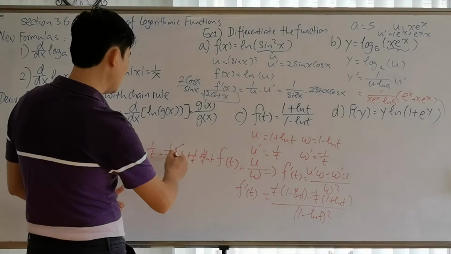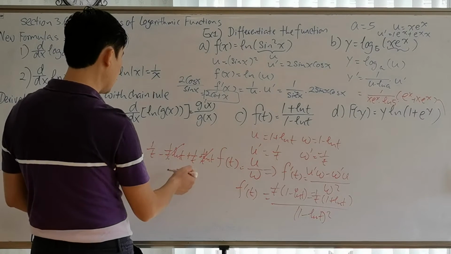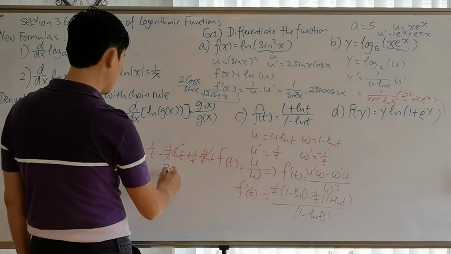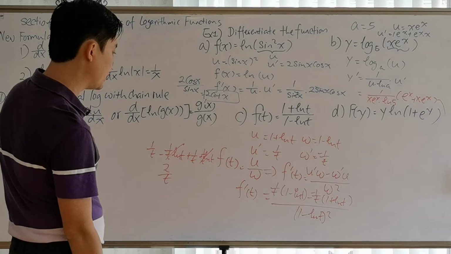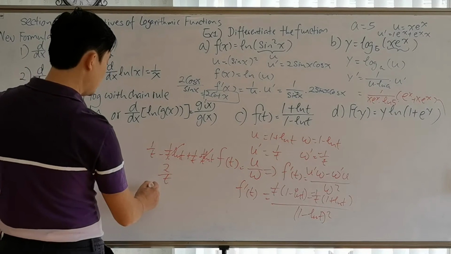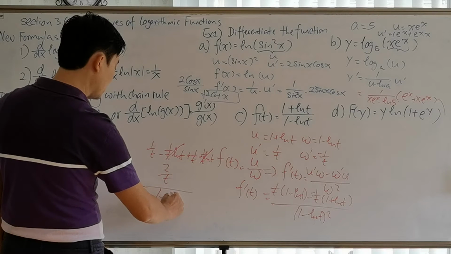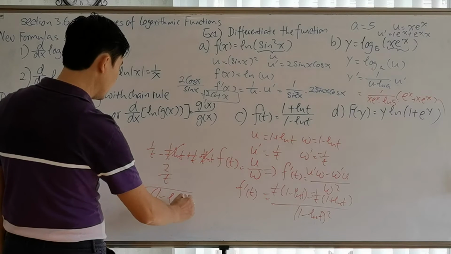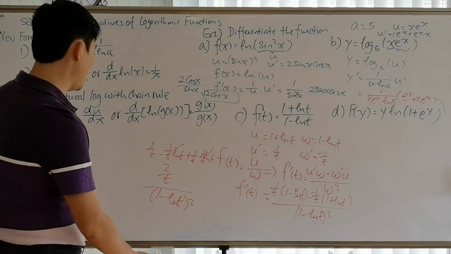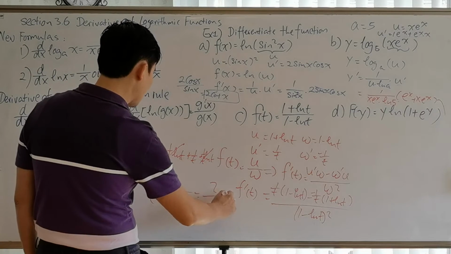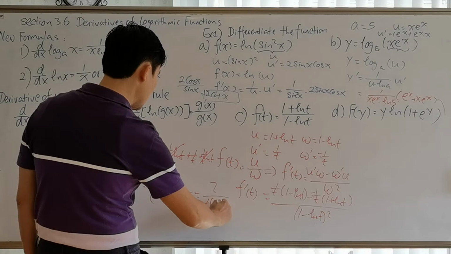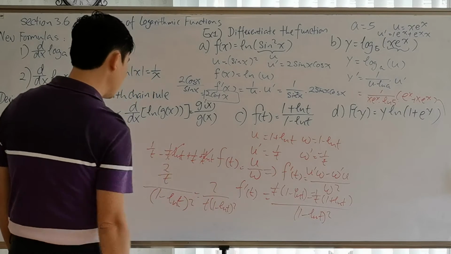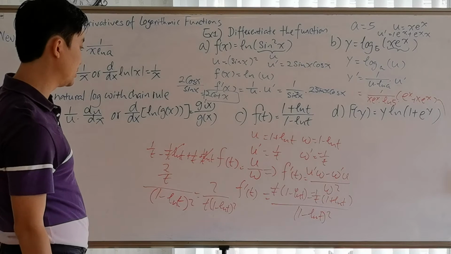So actually those two got canceled. But 1 over t plus 1 over t would be 2 over t. Just the numerator. And then the denominator is 1 minus natural log of t, quantity squared. Another way you can rewrite it is 2 over t times 1 minus natural log of t, quantity squared. For the denominator, just put them all together.